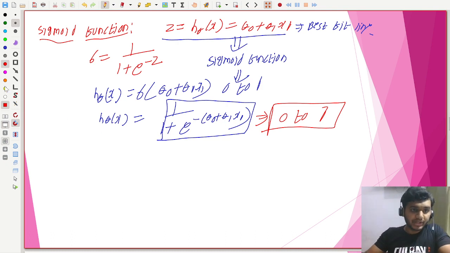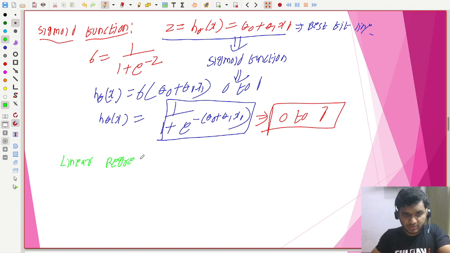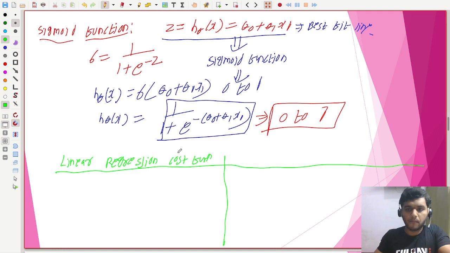So if you notice, what is the difference between the linear regression cost function and the logistic regression cost function?